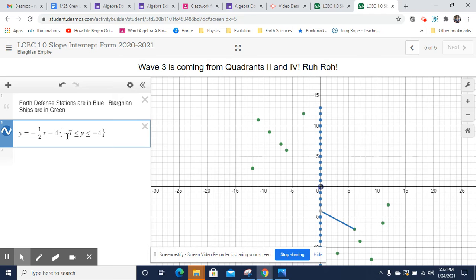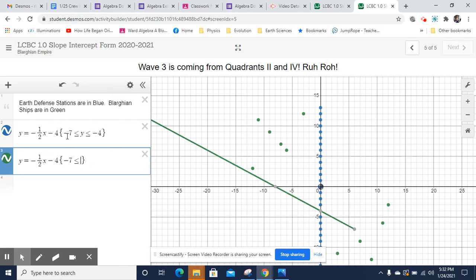(-3, 12). So I'm going to copy this equation, and it's going to be a different inequality. I'm going to get rid of that for right now. It's still a y-intercept of -4. Okay, since I've got a fraction now, I can just do this.